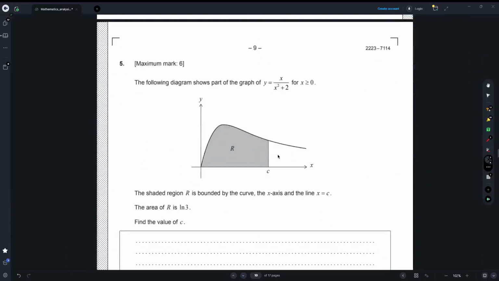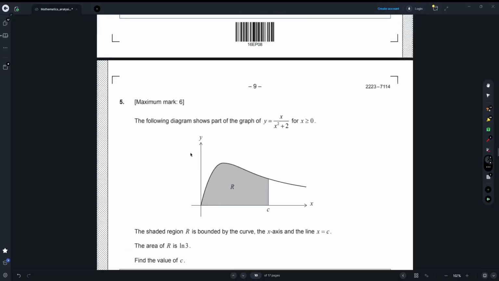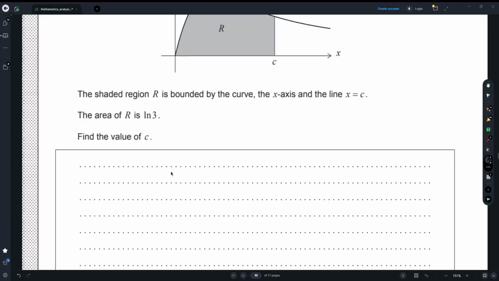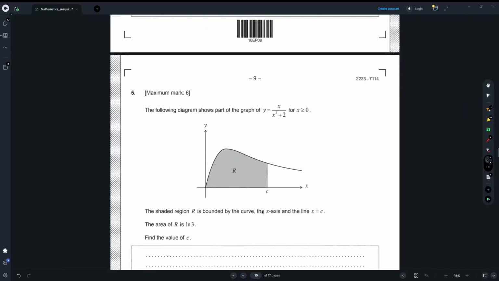This right here is going to be an integration question, and it's not a standard one where you just integrate the function and sub in the values. They give you the area, the value of the definite integral over these bounds, and you have to find the bound C. So what you want to do here is rewrite this.